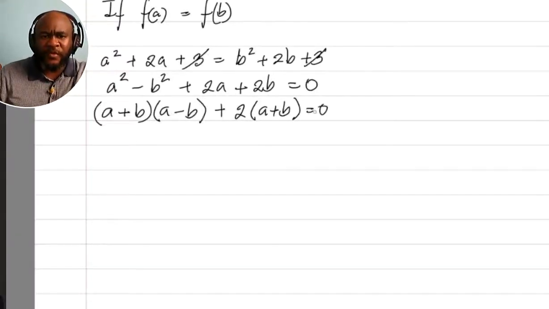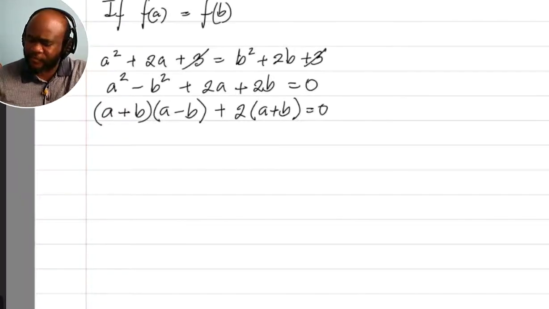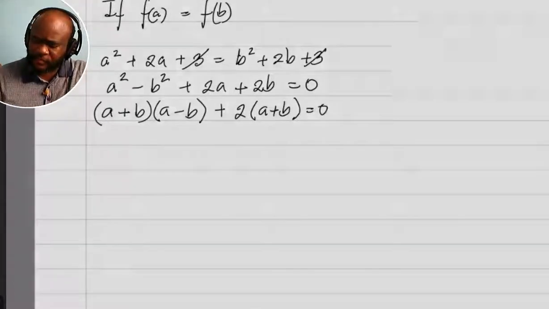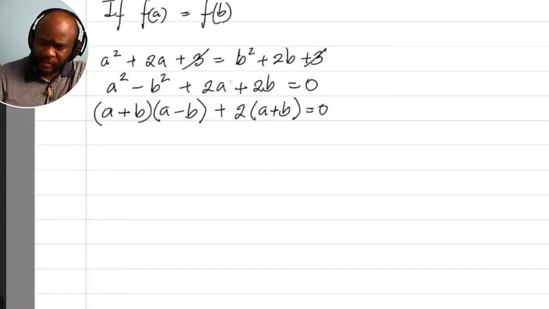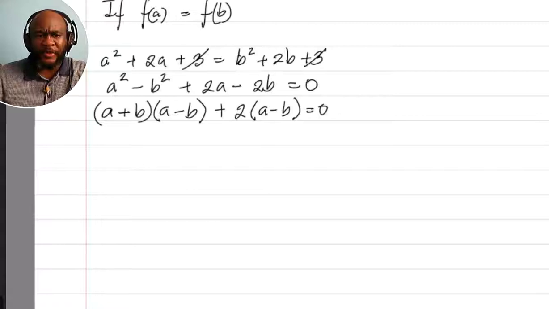Oh, what an error. All right, this should be a minus here, in which case this should also be a minus here. So minus here, minus here. So a minus b is common to both sides.